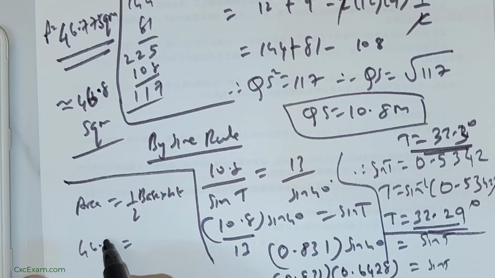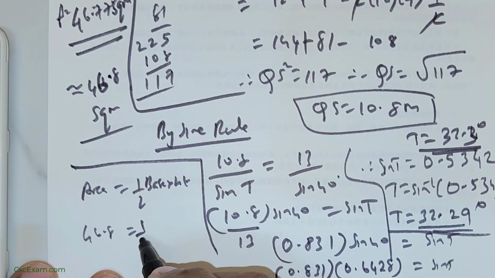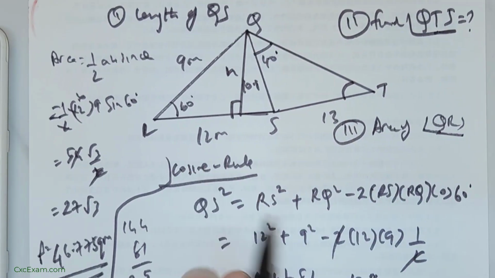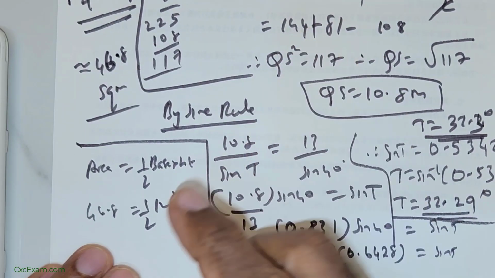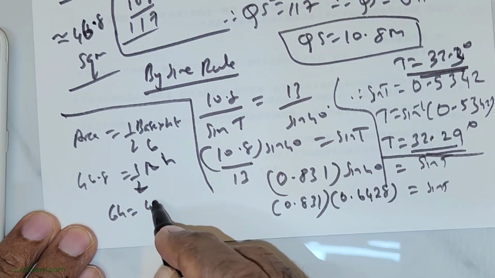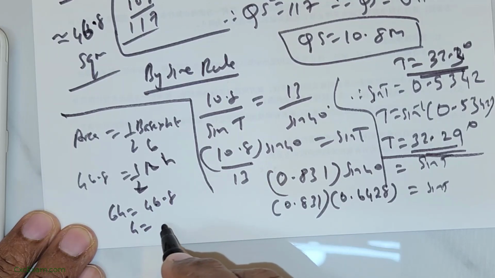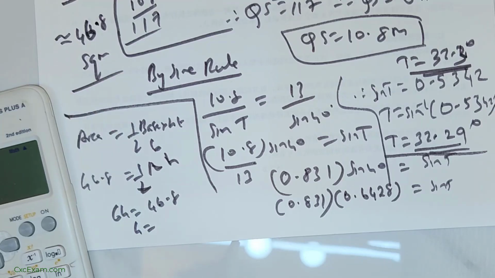The area is given as 46.8. Area of this center triangle is 46.8. Half into the base, which is 12. Height is needed. Okay, so 2 divides 12, 6 times h. So 6h is 46.8. So h is equal to 46.8 divided by 6.